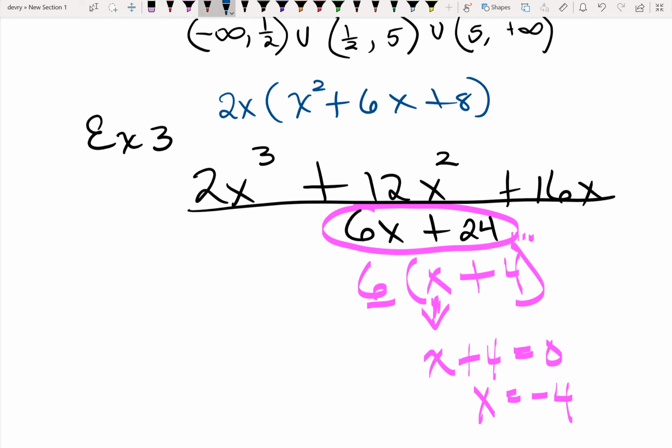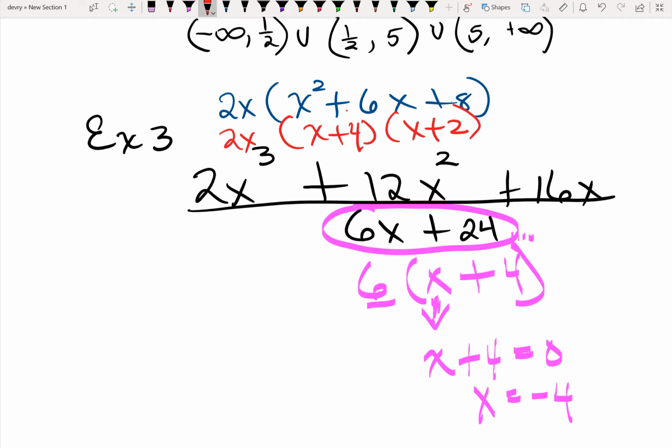I know that I could factor that further, so I would have 2x, and then x plus 4 and x plus 2, because these are both positive.